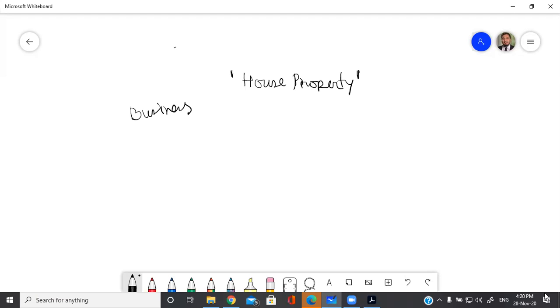Say you have a building. Which house property am I referring to? The house property excluding the portion in which you are living, the other floor where you generate income, and that is the part of income from house property.